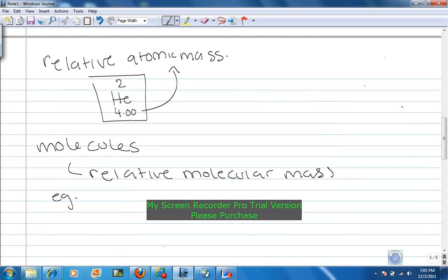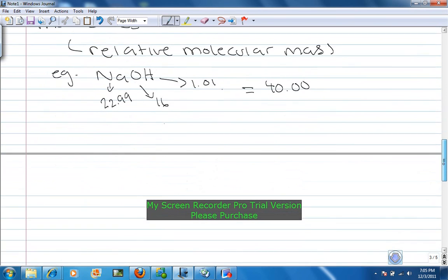If you have NaOH, all you have to do is add the relative atomic mass of each one. So for Na, it would be 22.99. For O, it's 16. And for H, it's 1.01. And when you add it together, you get 40. Okay, so that is a relative molecular mass.